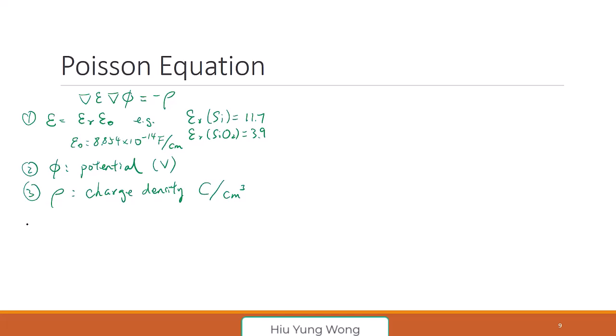No need to remember, I just give you. What is divergence? It's basically just partial x i plus partial y j plus partial z k. These are the unit vectors, right? So if you have a divergence together, it becomes this.